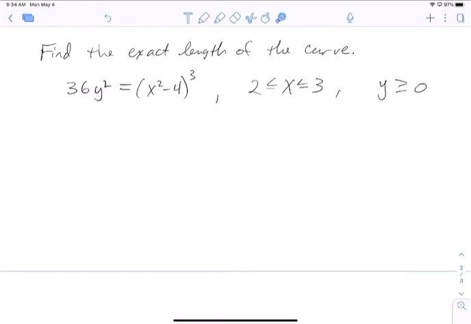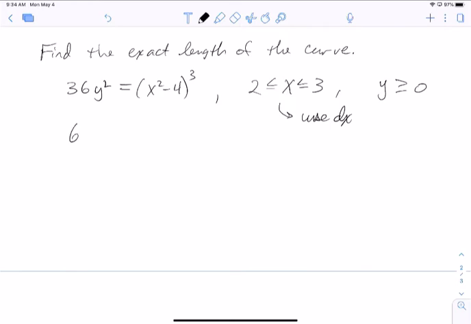We don't have y as a function of x here, and so it's actually up to us as to whether we want to solve for y or solve for x. But the interval we are given is in terms of x. X is going from 2 to 3. And so that tells me that I'm going to use dx as my integral, which means I'm going to solve the equation for y. First thing I'll do is square root both sides.